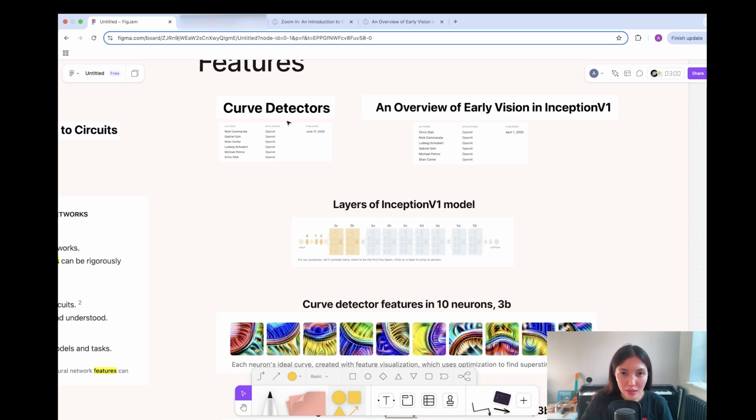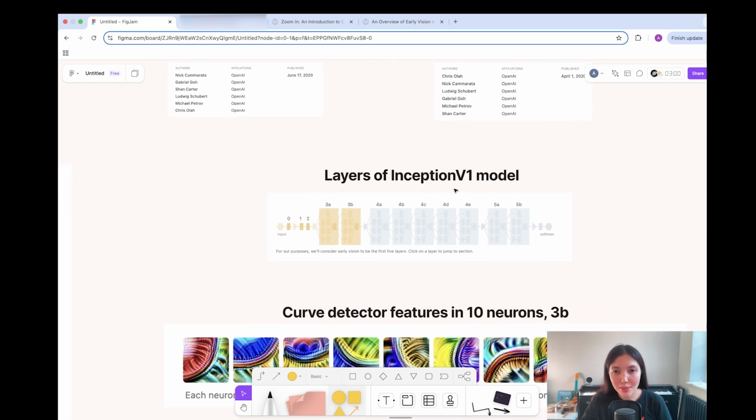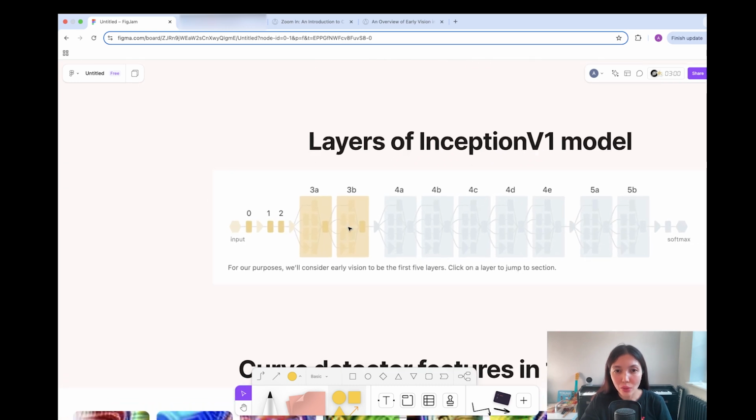And 2 articles I found very interesting are Curve Detectors, also written by OpenAI team, and another one is An Overview of Early Vision in Inception V1. Basically, they studied this Inception V1 model that was created by Google in 2014, and they focused on studying these early layers like 0, 1, 2, 3, and 3B.